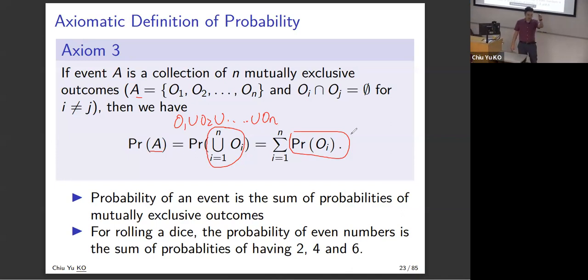Because even is equal to {2, 4, 6}, right? The probability of an even number will be probability of 2 plus 4 plus 6, right? The probability of an odd number will be probability of 1 plus probability of 3 plus probability of 5. Is that clear? Okay, it's not more than or less than, so exactly the same.